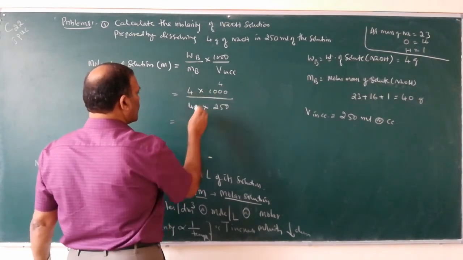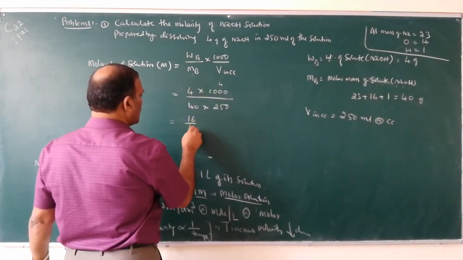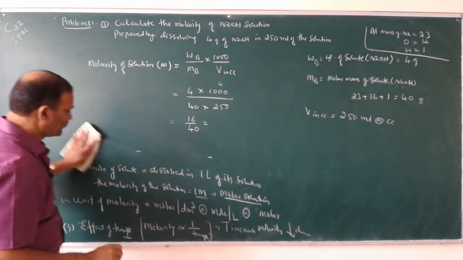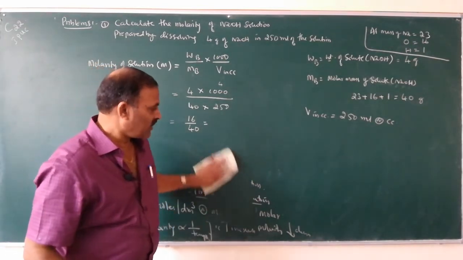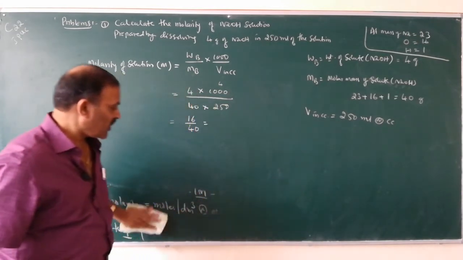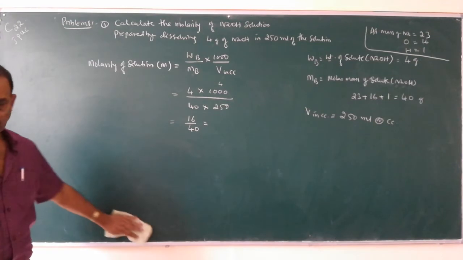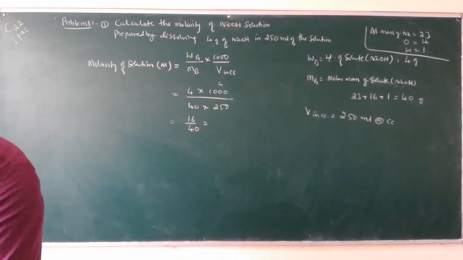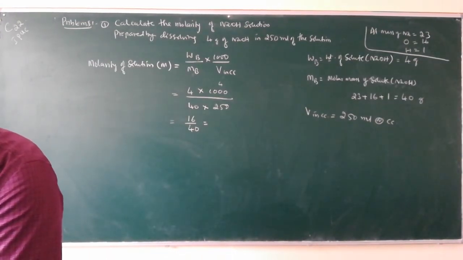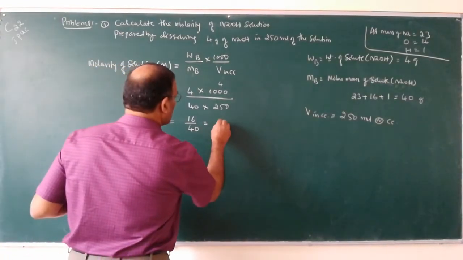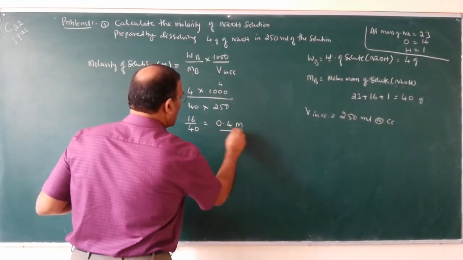So 4 into 4, 16 divided by 40. That equals how much? You calculate 16 divided by 40, what is the molarity of the solution? 16 divided by 40 is equal to 0.4 molar.